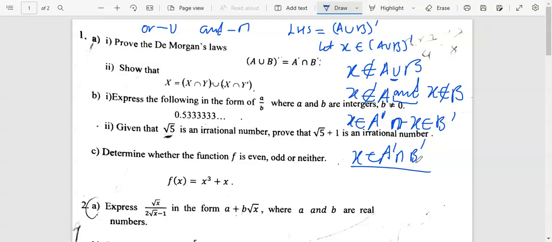So this is what we have. So what have we done? Remember this is the left hand side, this is the right hand side. I've just shown that the left hand side is a subset of the right hand side. Why? Because the left hand side has given us the same value as the right hand side. Is that okay?